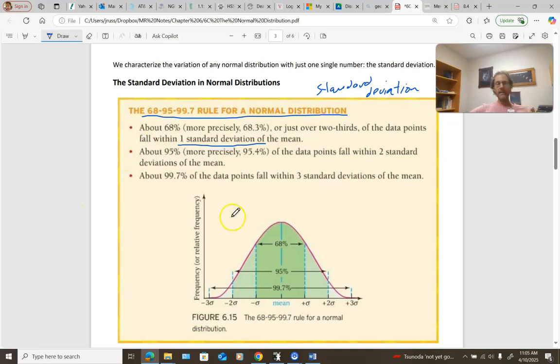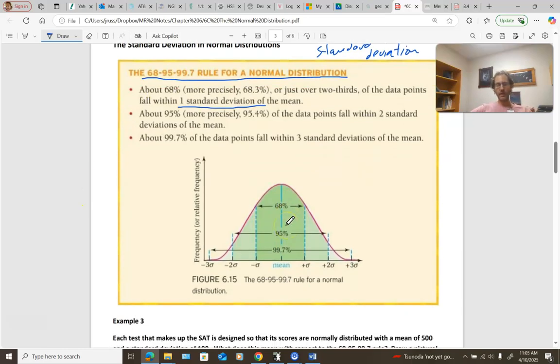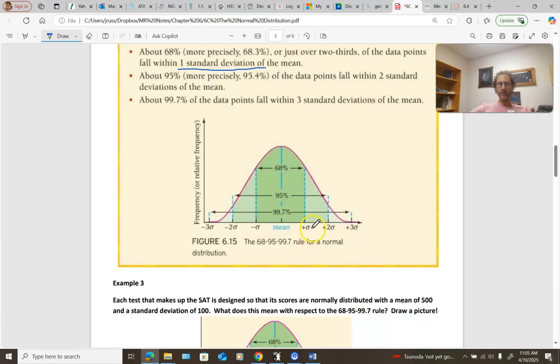And that's what this graphic shows us down here. I want to remind you that this Greek letter sigma refers to the standard deviation. We use sigma to refer to the standard deviation of the population, and we use S to refer to the standard deviation of a sample. We're talking about this theoretical distribution here, so we're going to be using sigma.